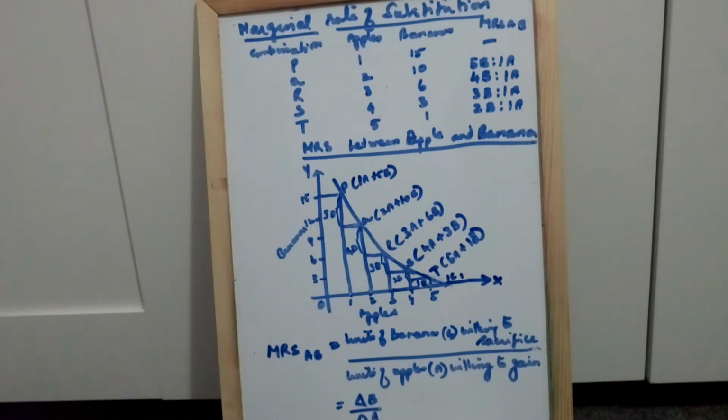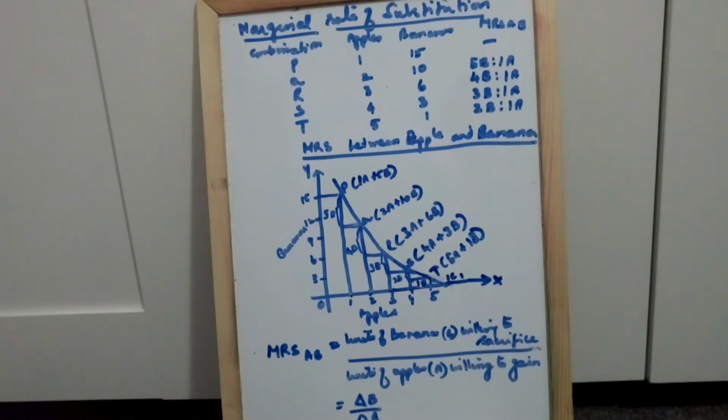Then in R combination, one more apple is added, now 3 apples, and 4 more bananas are given up, so now 3 and 6. Then S combination, you find 4 apples and 3 bananas. In T combination, 5 apples and 1 banana.